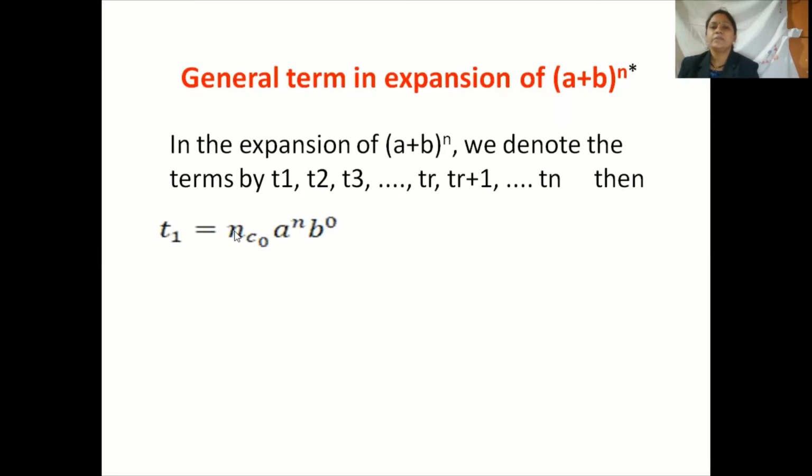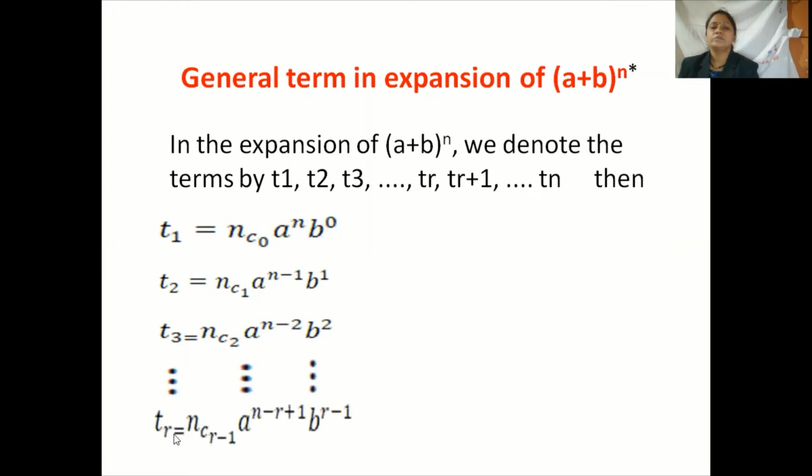Then t1 ची टर्म काय असेल आपली nC0 a raised to n b raised to 0, t2 ची टर्म असेल nC1 a raised to n minus 1 b raised to 1, t3 ची टर्म असेल nC2 a raised to n minus 2 b raised to 2, up to so on tr is equal to nC(r minus 1) a raised to n minus r plus 1 b raised to r minus 1.